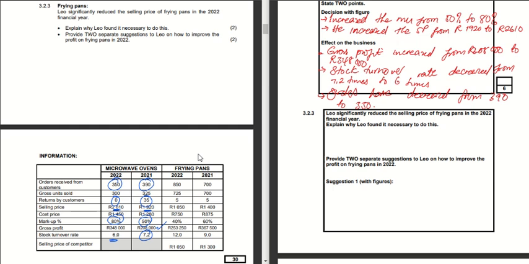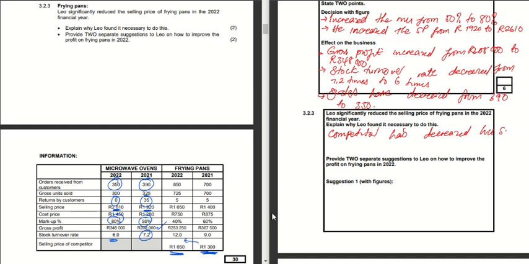Here you would find that this information was given for a reason. The competitor information was given for a reason. So point number one is that the competitor has decreased his selling price as well.